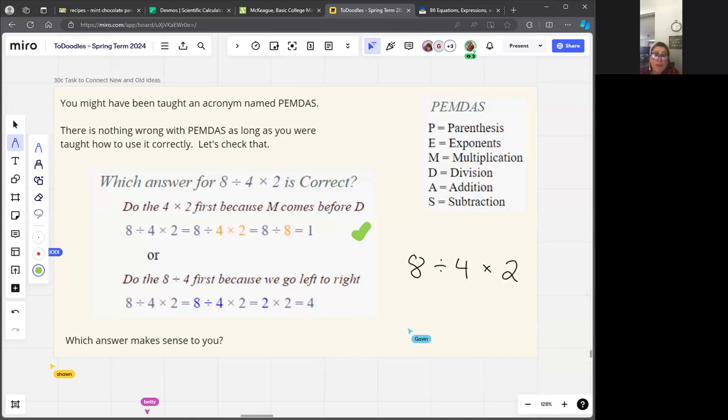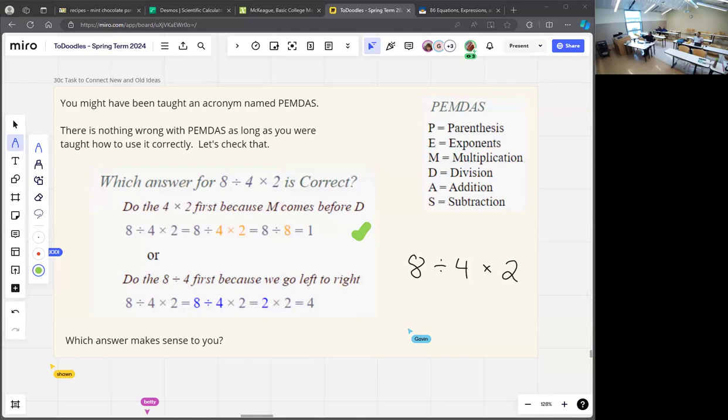Is multiplication first? Everyone's quiet, okay, only Betty is brave enough to vote here. It's actually the other way. So this one is wrong. And this is the one we want.